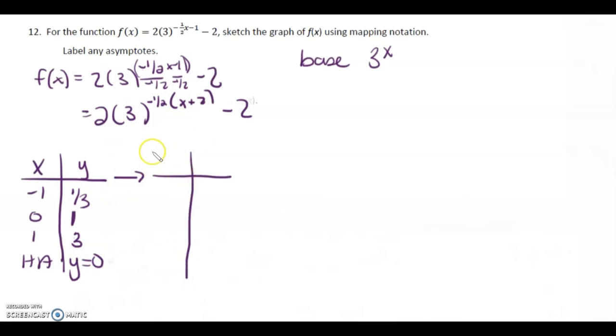Okay, so we're going to have a reflection in the y-axis, a horizontal stretch, so this is actually a 2, and we're going to move left 2, so x minus 2, and then for the y's we have 2y minus 2. So sub in -1, we get 2 minus 2, 0. Sub in 0, I get -2. Sub in 1, I get -4.